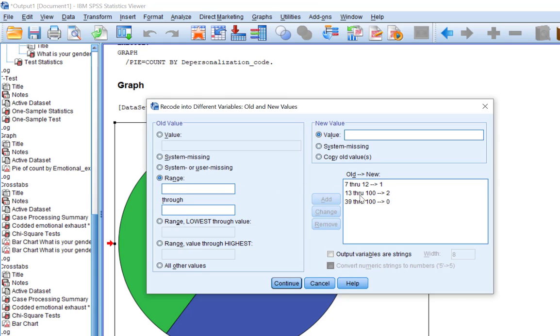Average is 38 to 32. And people that are high is 31 or lower. So you get 31 as well. 39. Everybody said it right. Okay. 39 to 100 is low. 32 to 38 is 1, and 0 to 31. Yep. Got it.